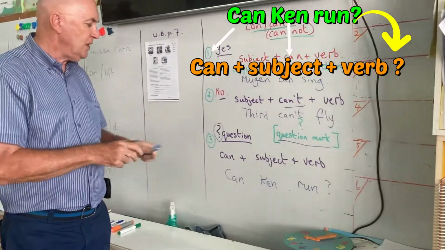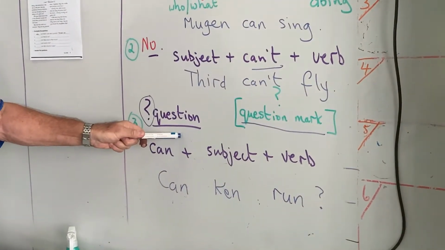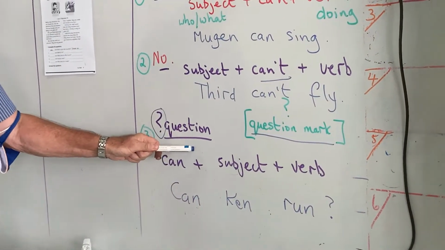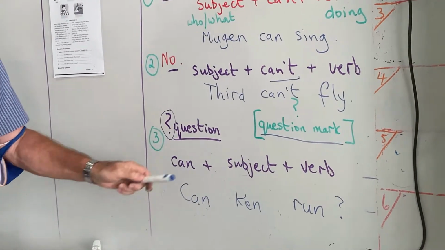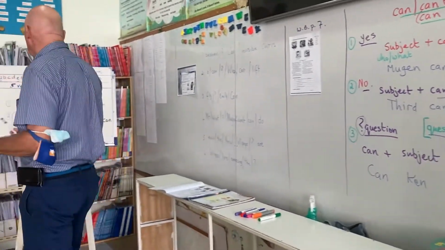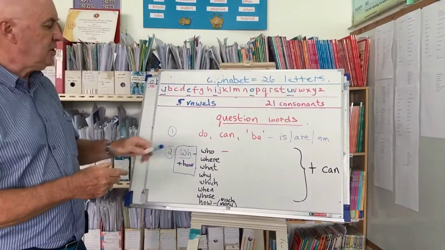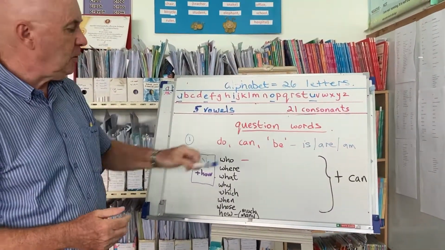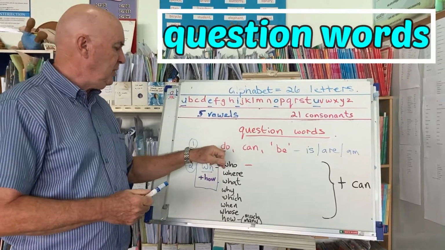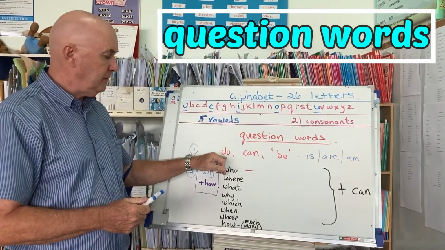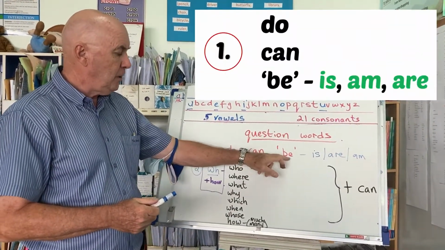Okay, now let's look a little bit more at this because we need to do something that's a little bit more difficult. So let's go over here. Now in English, when we want to ask a question, we can use these words: do, or can, or be.